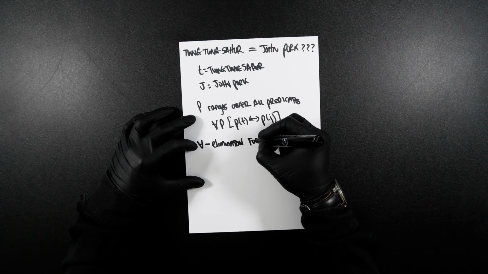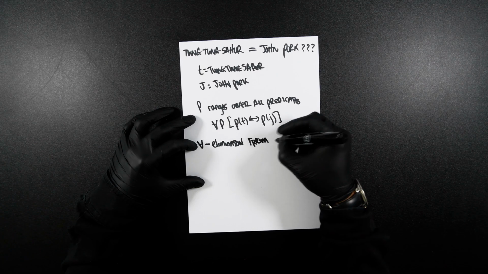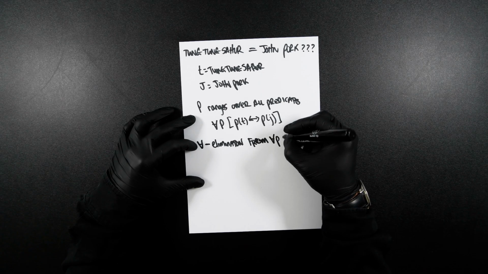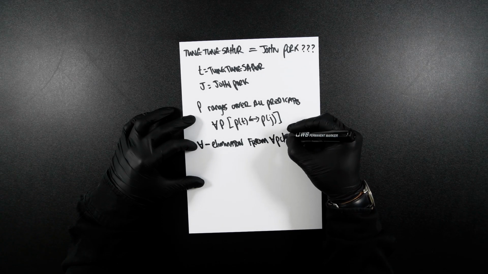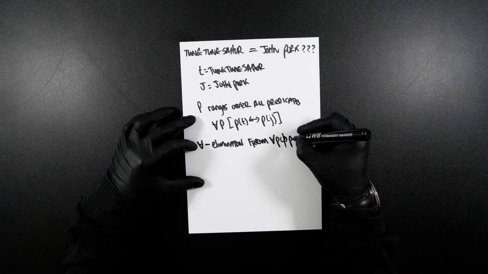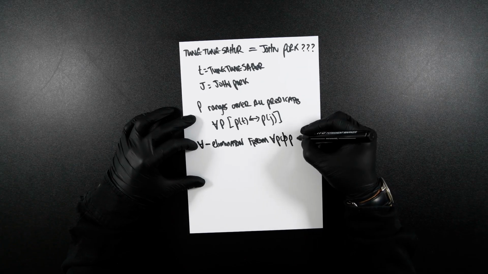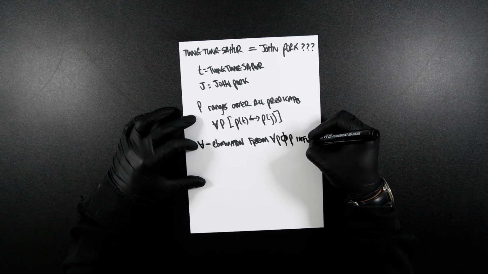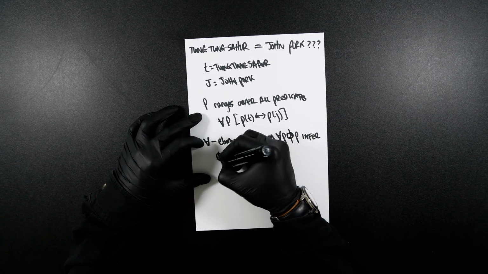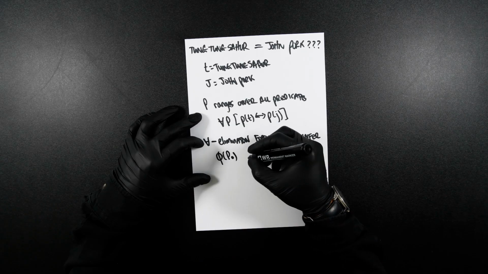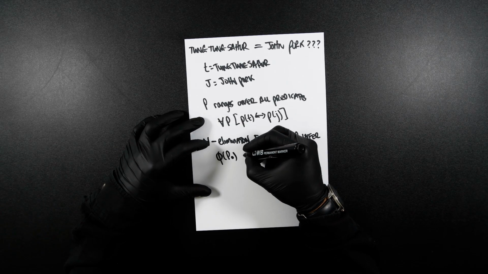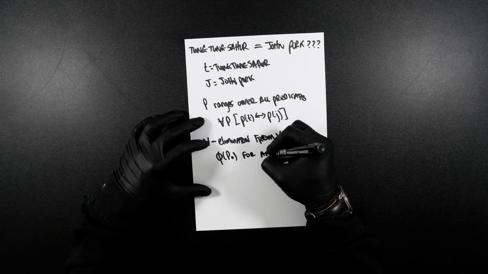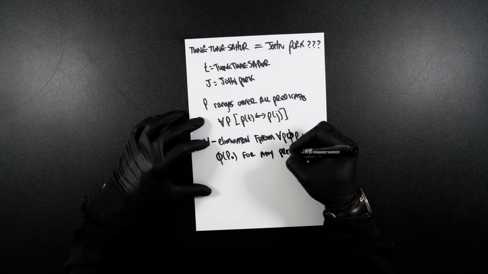from for all P, let's do phi P, we infer, that's a terrible phi, we infer phi P naught for any predicate of P naught.